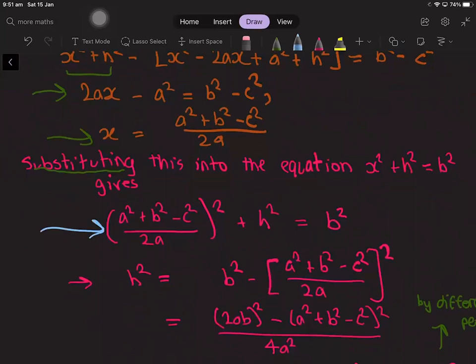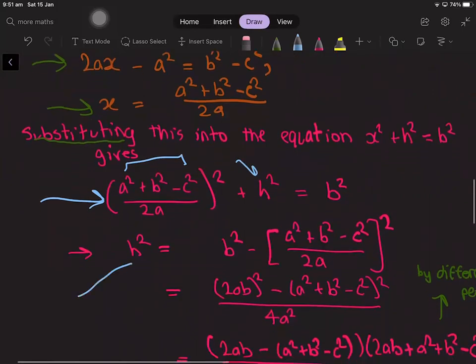So we have this expression for x, squared, plus h squared is equal to b squared. Now if we solve for h squared, we will have b squared minus this expression. And now we're going to try to expand and simplify this entire expression over here.